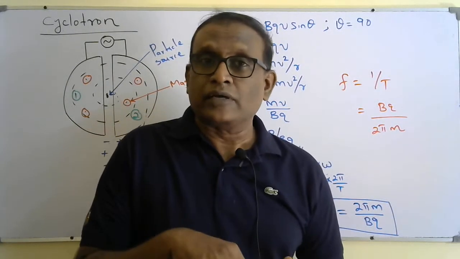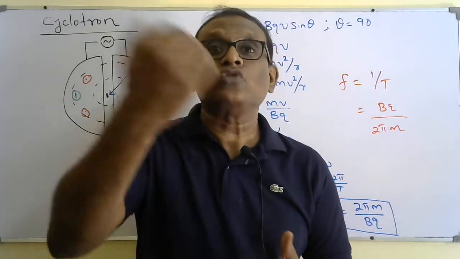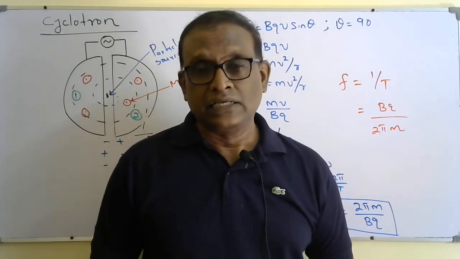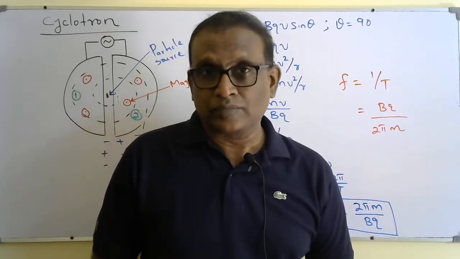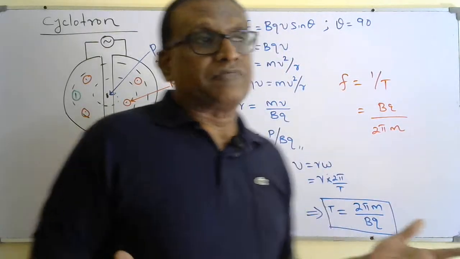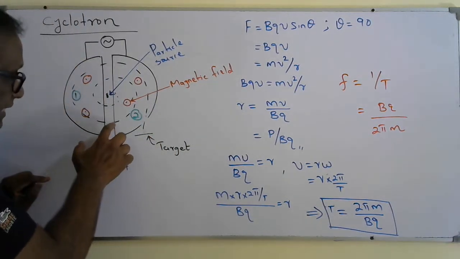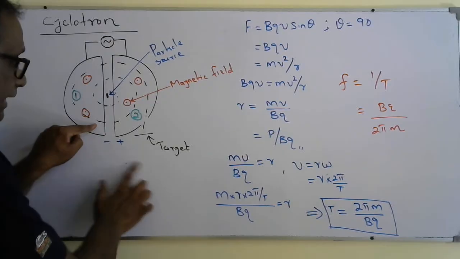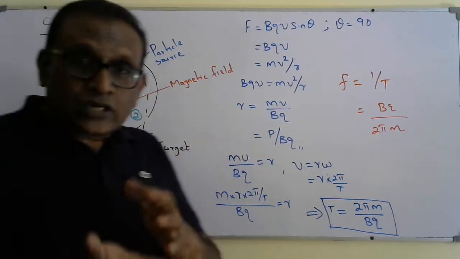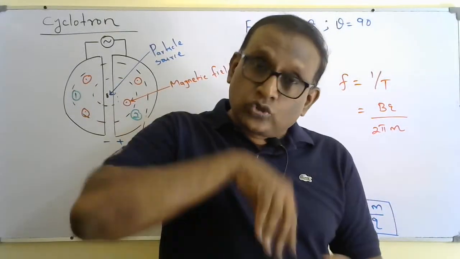So now what's the problem? There won't be any synchronization. Both will not synchronize with each other. So if the time periods are not synchronizing, what's the problem? The acceleration will be disturbed. Say for example, when the particle reaches this end, this polarity should become positive and this should become negative, but when the time periods are not tallying with each other, it could happen the other way.